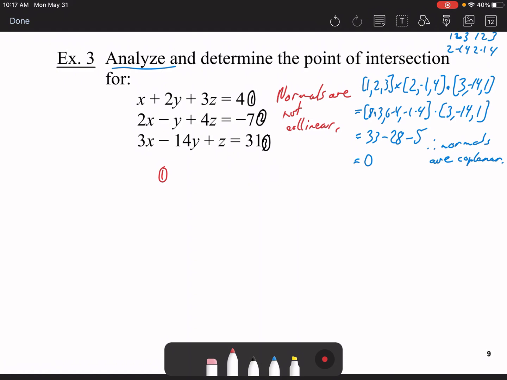So I'm going to take equation 1 and multiply by negative 2, and I'm going to add this to equation 2.